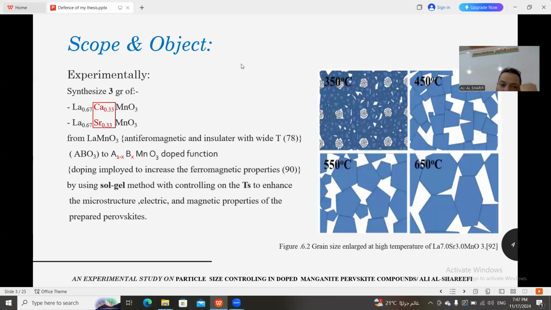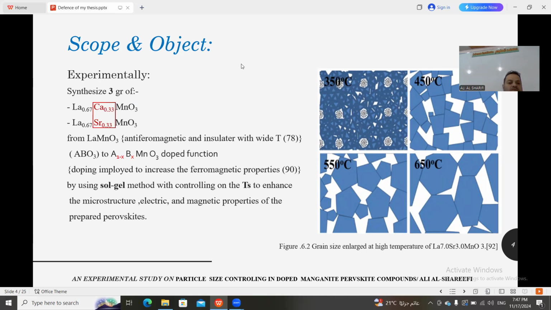Now let's talk a little bit about the objective, what I prepared. Actually, I prepared 3 grams of each: lanthanum calcium manganese oxide, lanthanum strontium manganese oxide.